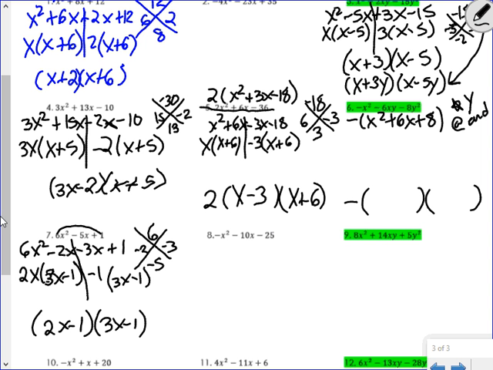Now I'm going to do the exact same process as I normally would for what's inside of the parentheses here. So I multiply the first and the last numbers together, get 8. The middle number is 6. So it multiplies to get 8, adds to get 6. 2 and 4. So I'm going to rewrite the middle term.